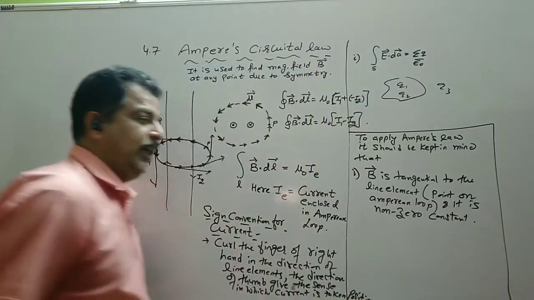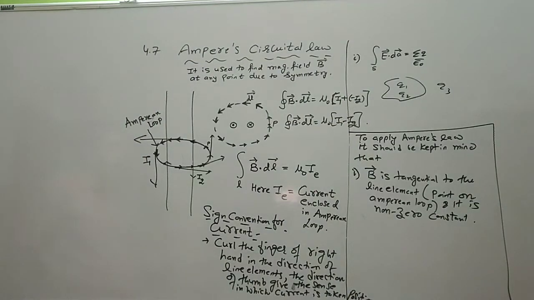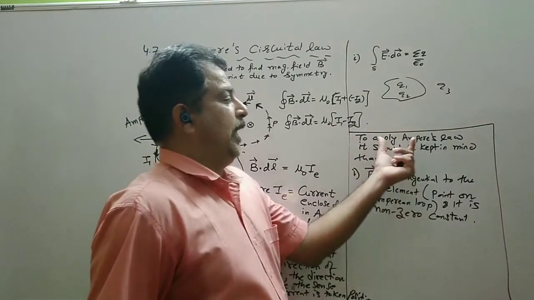So one is B is tangential to the line element.